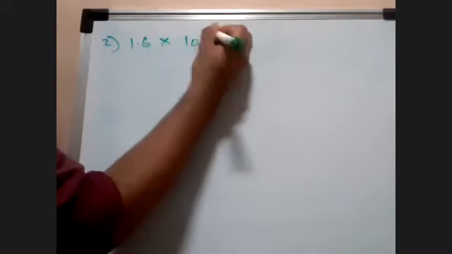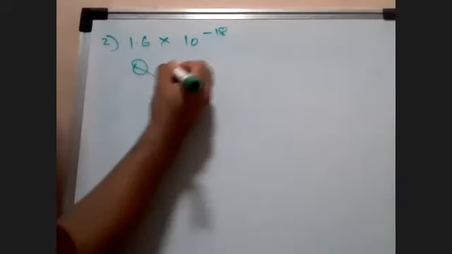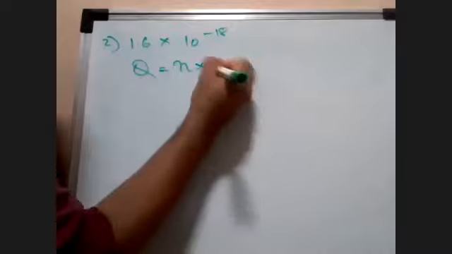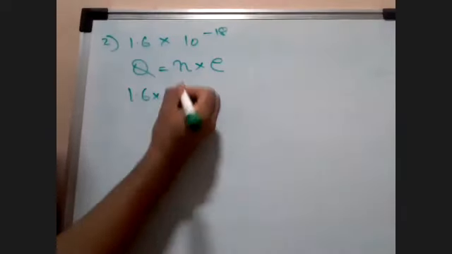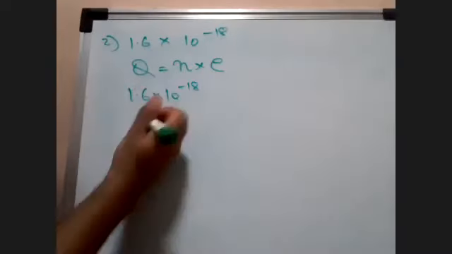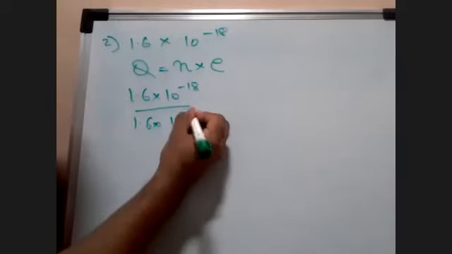Let's look at the second one. The second one was 1.6 into 10 raised to minus 18. Similarly, in the same fashion, we will solve it. This will be 1.6 into 10 raised to minus 18. Take E down, that is 1.6 into 10 raised to minus 19.